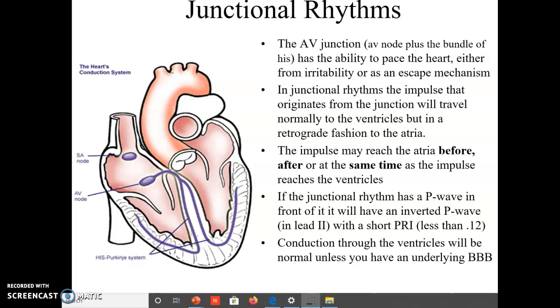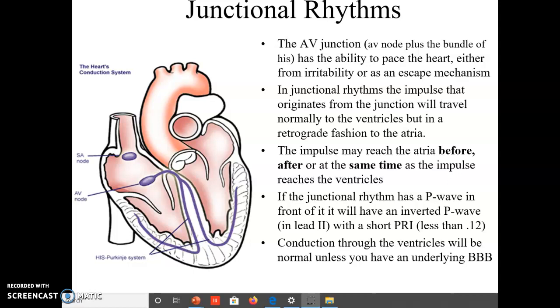The conduction through the ventricles is going to be normal, so your QRS should be a normal size unless you happen to have an underlying bundle branch block to begin with. But if you're thinking about a short PR interval, normal is 0.12 to 0.20.